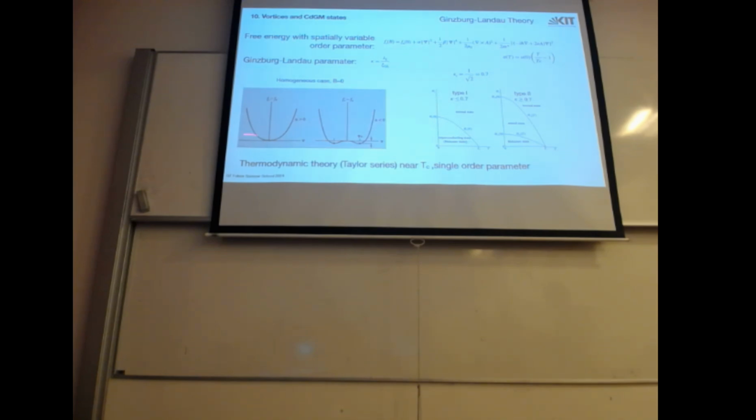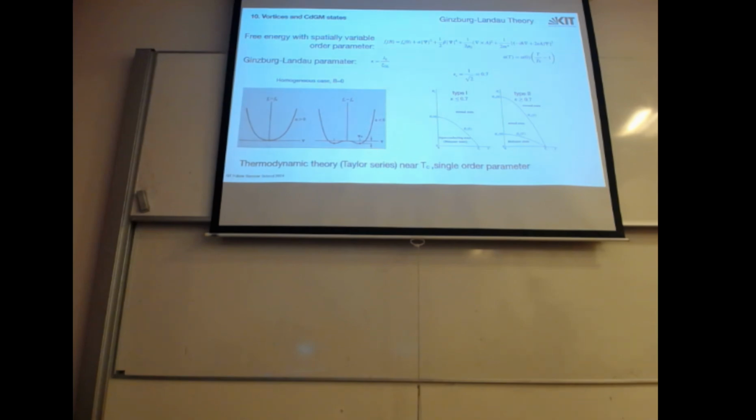If you apply a magnetic field, you get a phase diagram. Type 1 has the Meissner state and the normal state, and type 2 has the Meissner state, the flux quanta plus vortices, and the normal state.